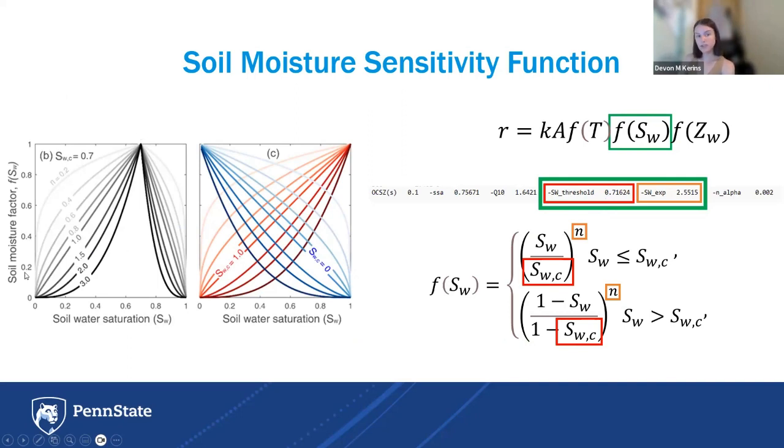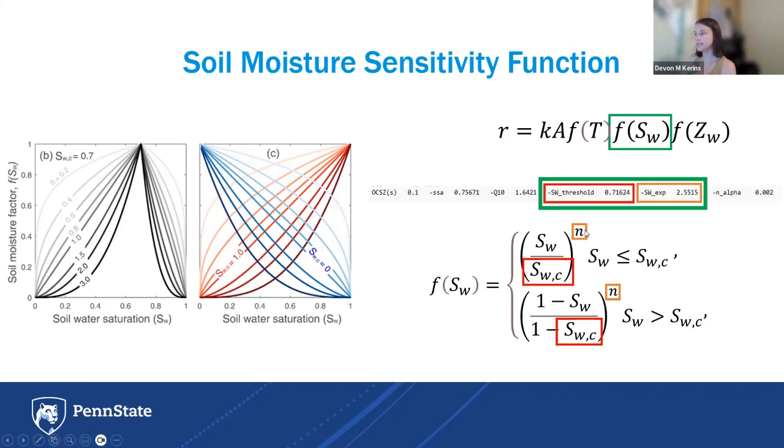Before the threshold value, we'll have an increasing relationship with soil moisture, and then after this threshold value we'll have a decreasing relationship. And so this can represent if you have too much soil moisture and you start having limited oxygen diffusion, this can actually inhibit reaction rates. So that's where we can start to account for this oxygen limitation that may happen with saturation within our soil moisture sensitivity function.